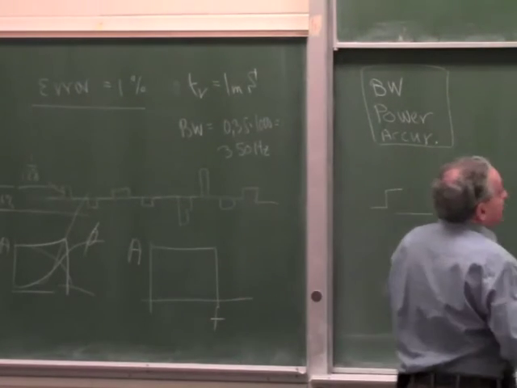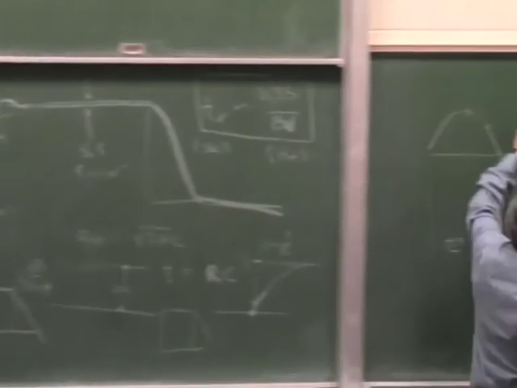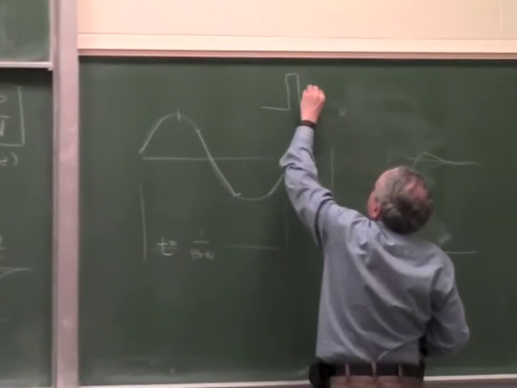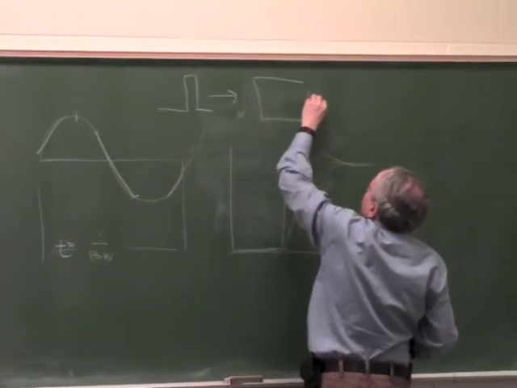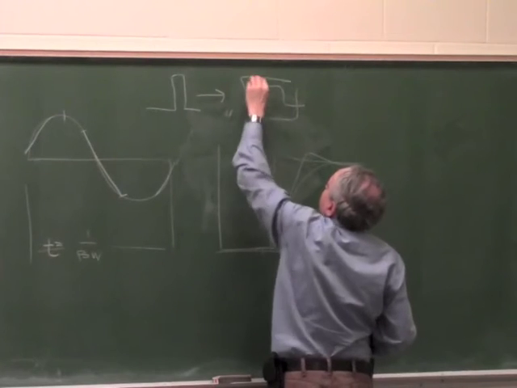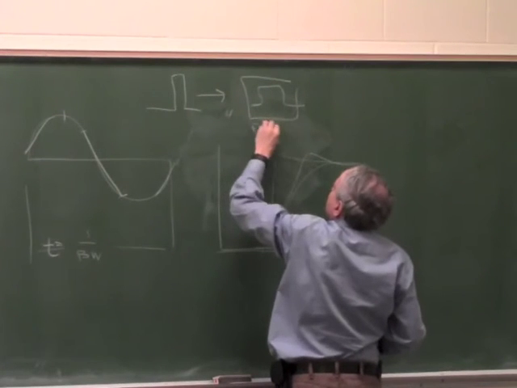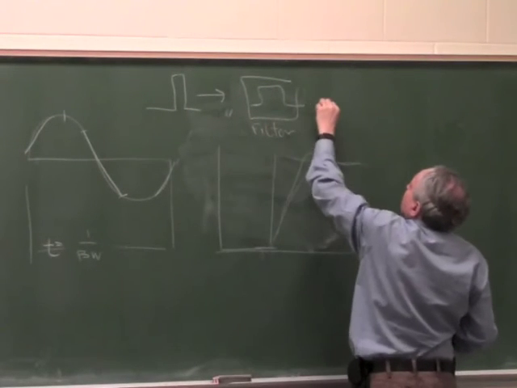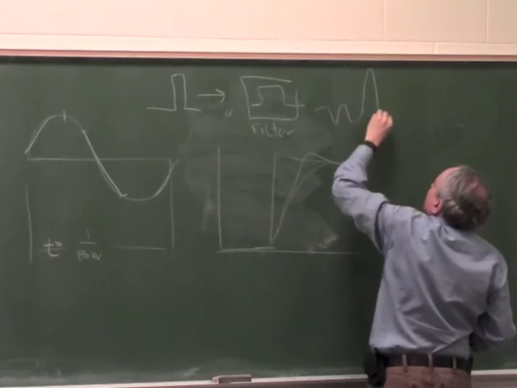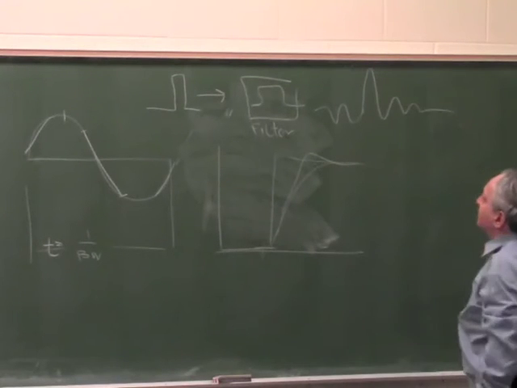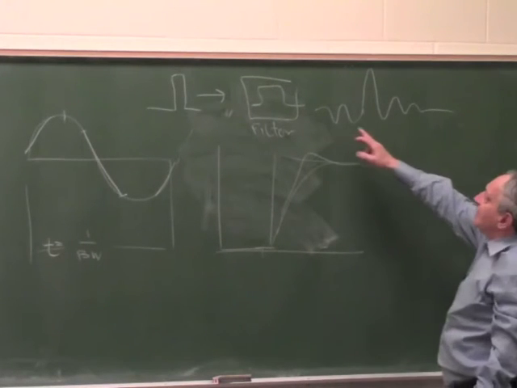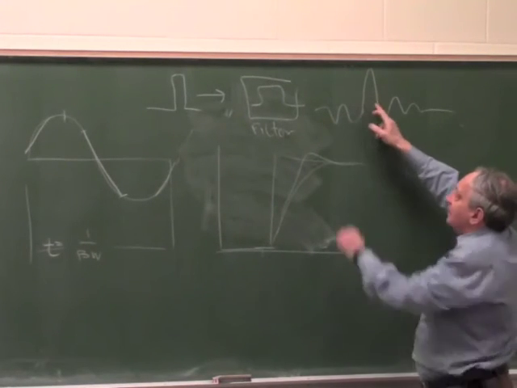And I even explained to you that if you send a pulse through a filter which looks like this, this is the filter, it will come out ringing like this, and I asked the question, how can it start ringing before the pulse started?